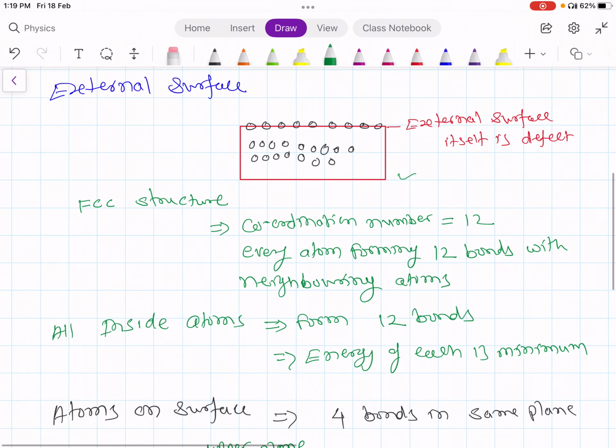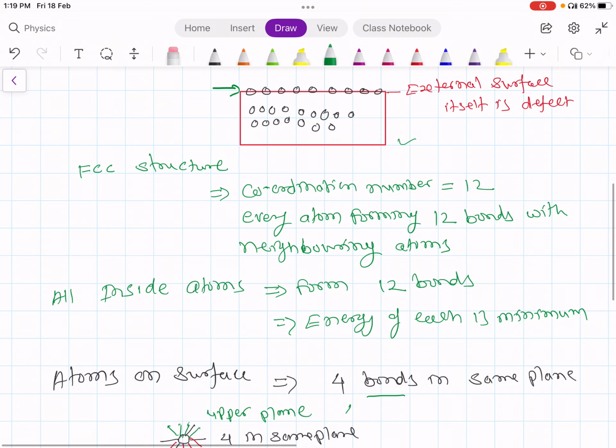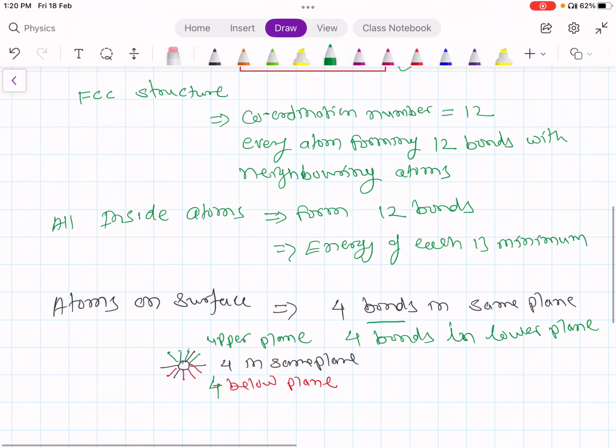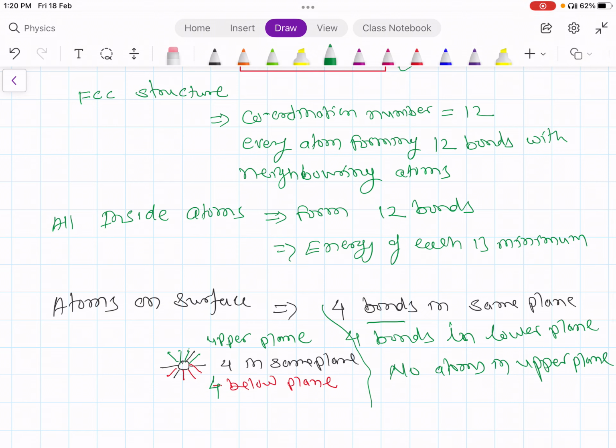Now the atoms which are on the surface can form 4 bonds in the same plane and 4 bonds in the lower plane. But there are no atoms in the upper plane, so they will not form any bond over there.